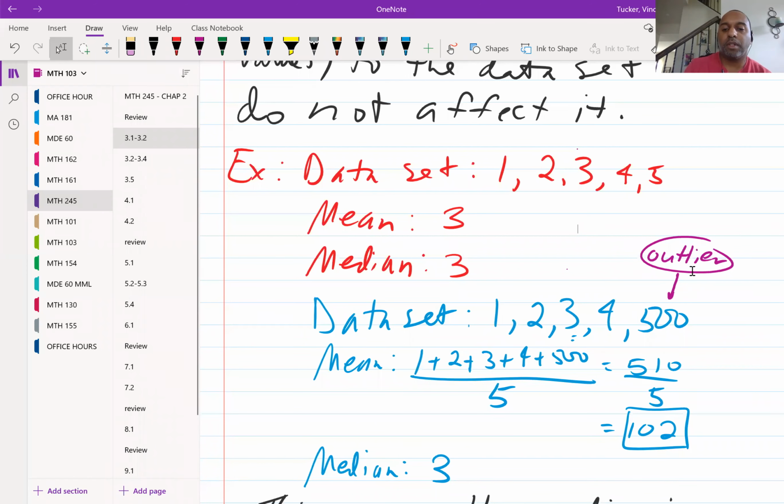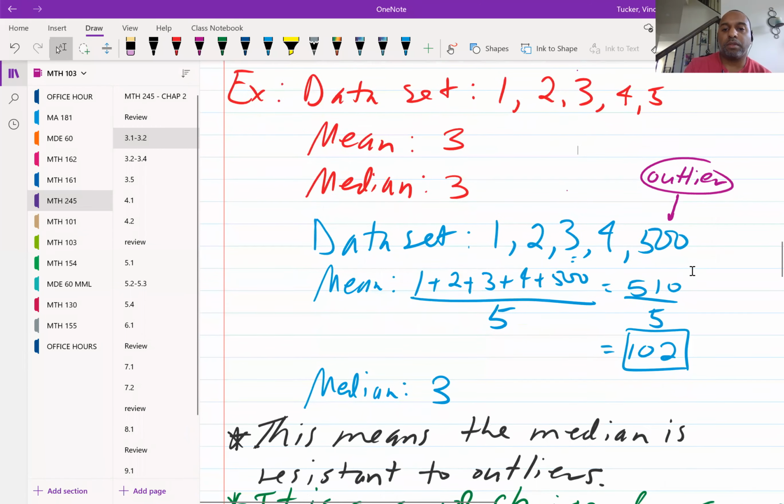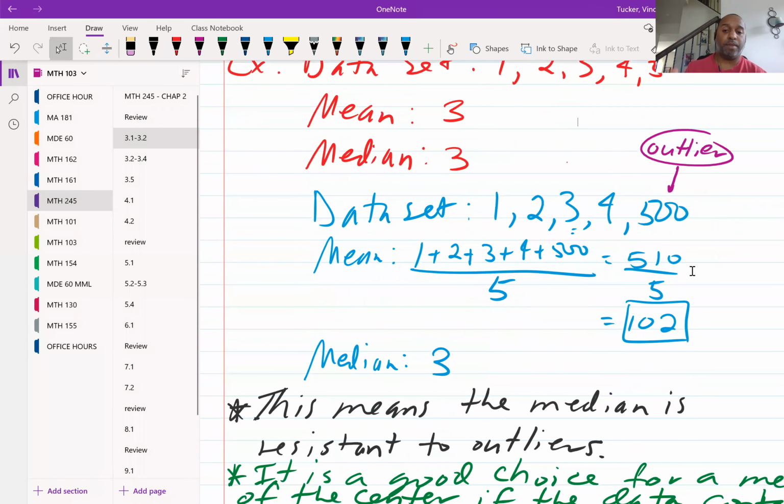All right, so this means the median is resistant to outliers, because the median didn't change and the presence of the outlier didn't affect it.